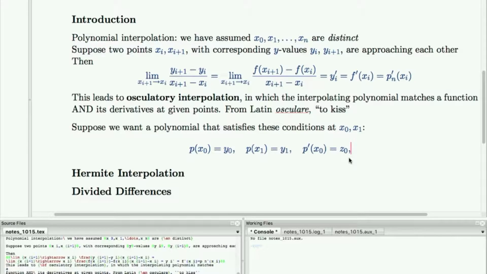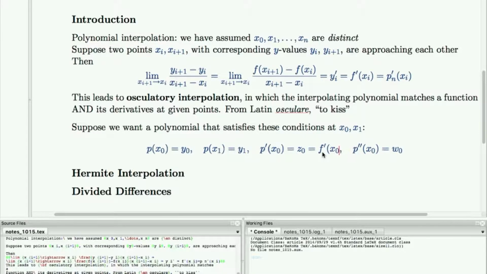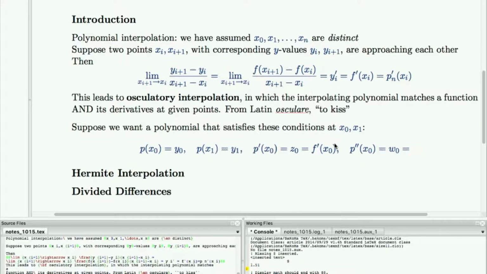And I'll give one more, say P double prime at x naught is equal to some given value w naught, which is defined to be f double prime at x naught.